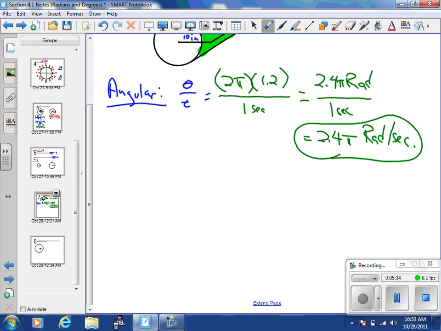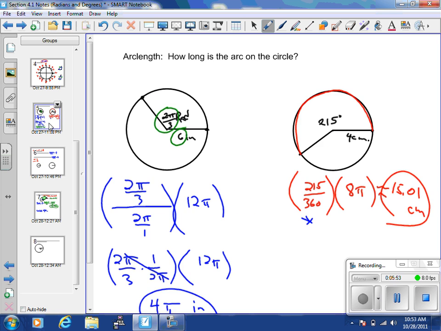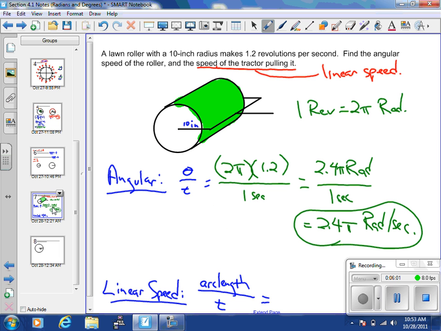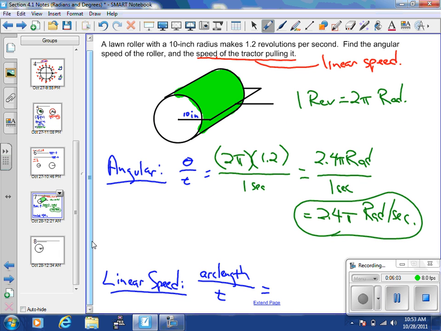Now we'll go down here and we'll figure out the linear speed. This is the speed that the tractor would have to be going. To do this, we need to find the arc length, and we divide that by the time. Well, the arc length, remember the shortcut I showed you back here when we're dealing with radians, the fastest way to find arc length is down here. Take the angle times the radius. So we're going to do that.